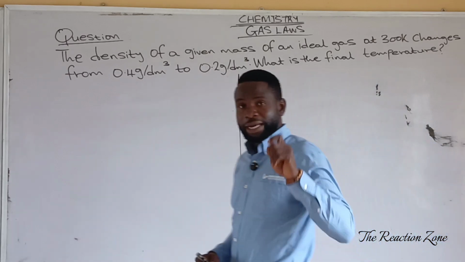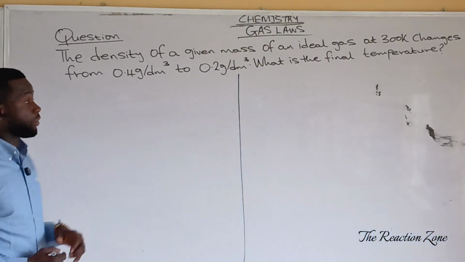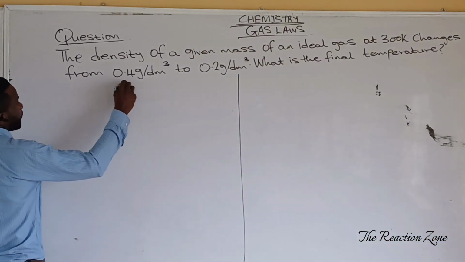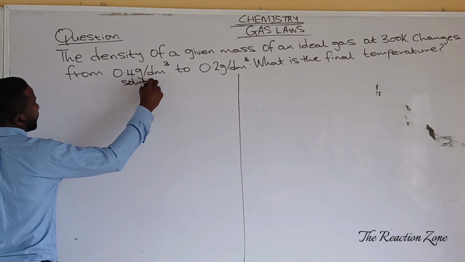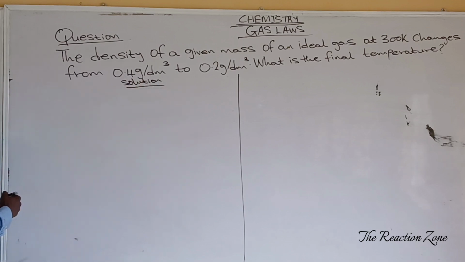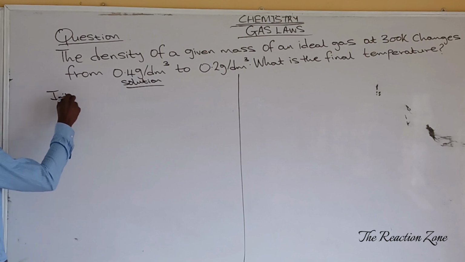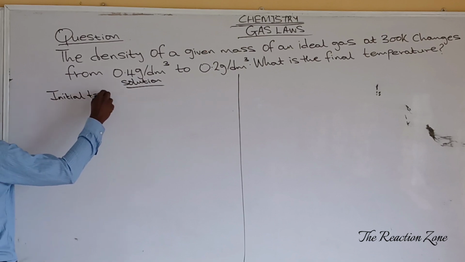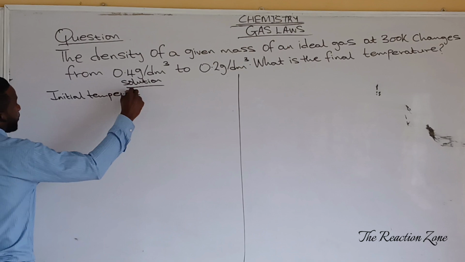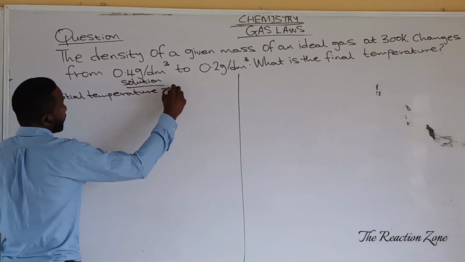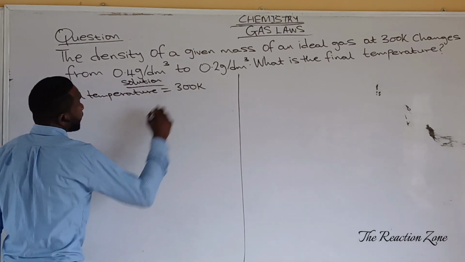To begin, let us itemize the parameters given to us in the question. So we are given the initial temperature to be 300 Kelvin.